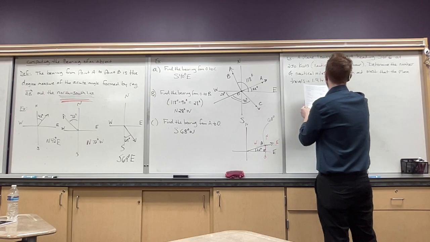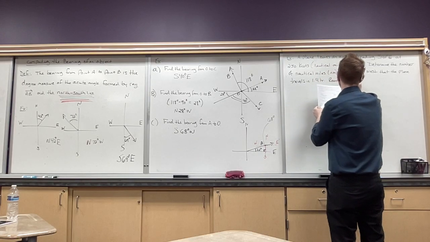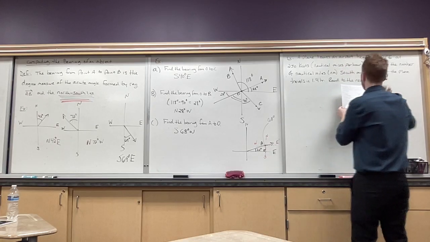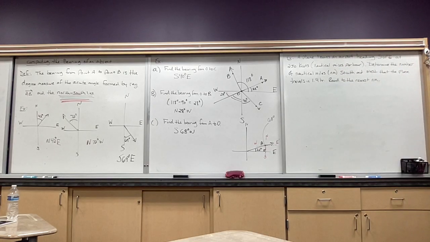And then we're going to round to the nearest nautical mile. Okay? So we have a bearing. We know the speed that we're going in, and we know the time. So we're trying to locate its position a little bit differently. We want to see where is the plane south and west of the airport. Okay?